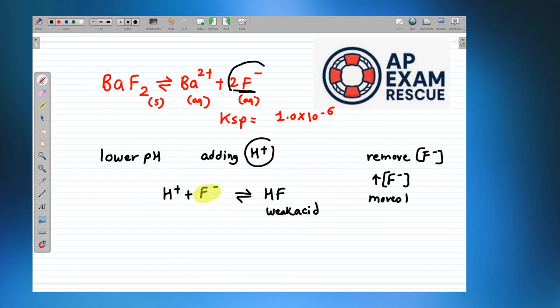Correct. When it moves backward, it changes into what? Into more H plus and F minus. So actually, it has increased the solubility, because now there is more F minus. I produce F minus.